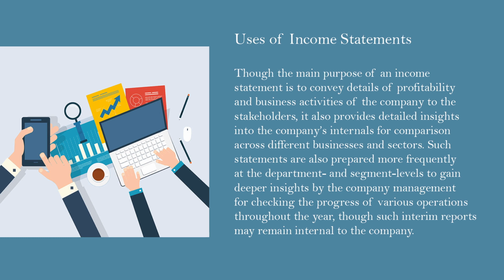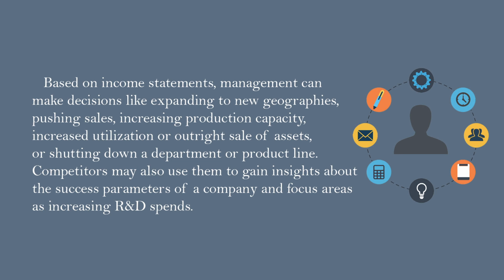Such statements are also prepared more frequently at the department and segment levels to gain deeper insights by the company management for checking the progress of various operations throughout the year, though such interim reports may remain internal to the company. Based on income statements, management can make decisions like expanding to new geographies, pushing sales, increasing production capacity, increased utilization or outright sale of assets, or shutting down a department or product line.